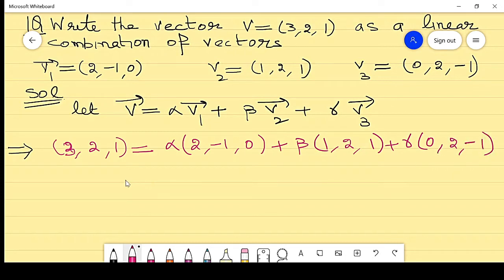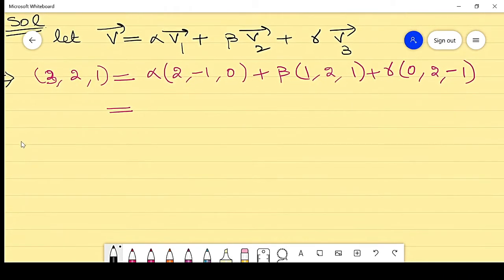So this is the right hand side. Now use every step, so don't solve this directly.